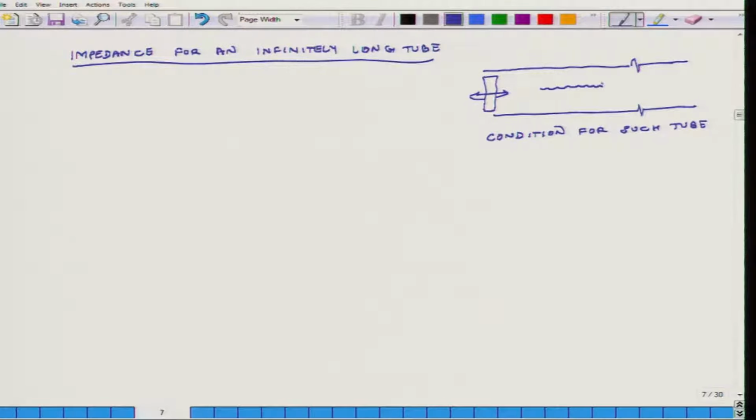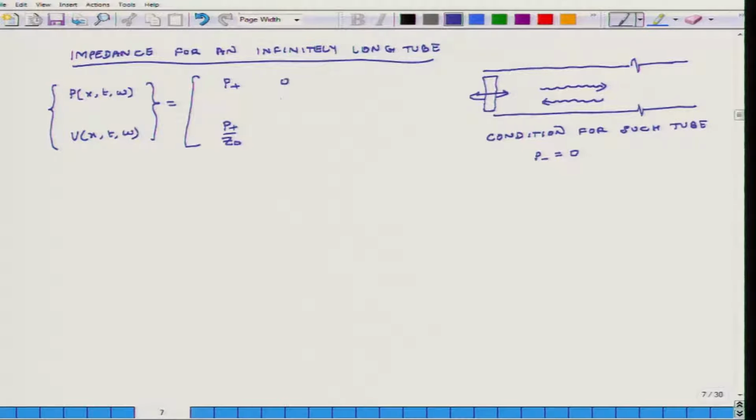So P plus represents the amplitude of the wave travelling in the forward direction, and P negative represents a wave travelling after reflection, and because this is a tube which is infinitely long, P negative is 0. So, the transmission line equation for this one is P plus Z naught.